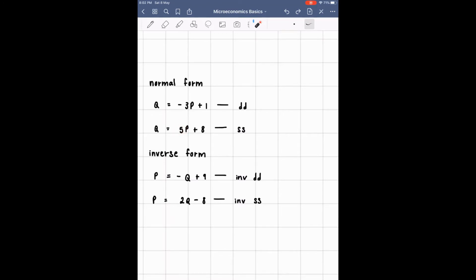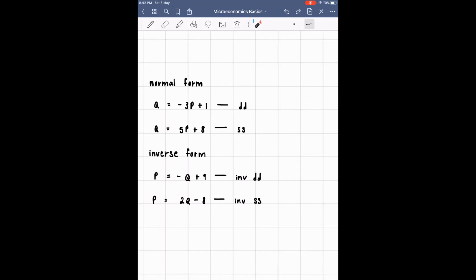Now let us look at the inverse form. In the inverse form, one key difference is that P is expressed in terms of Q. That is the same for both the demand and supply function in the inverse form.